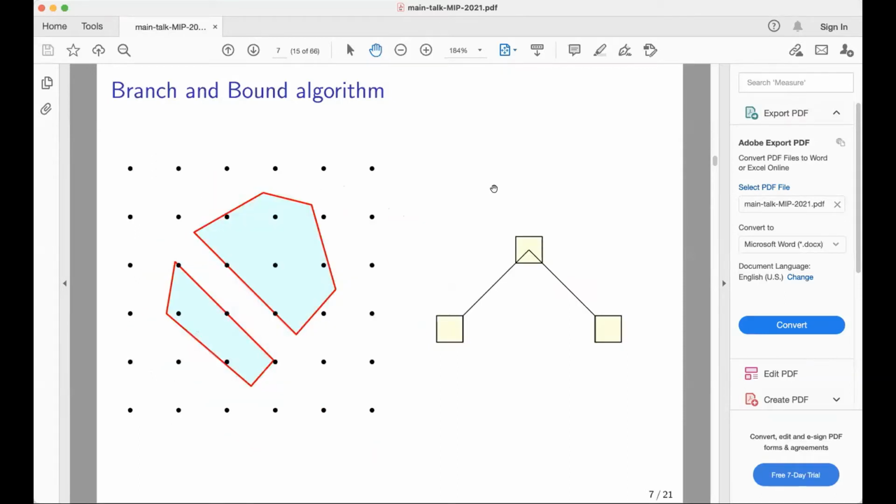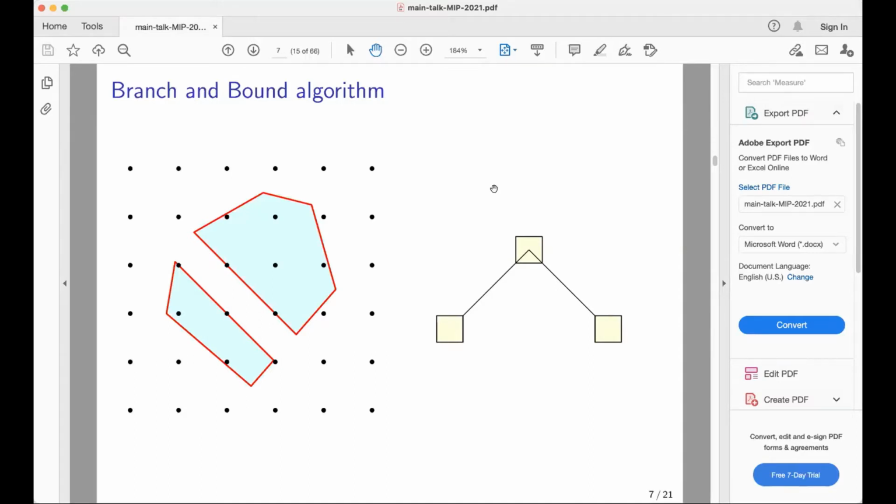Essentially, you keep track of these subproblems you're creating in the form of a tree. The root is your initial convex relaxation. Every time you apply a disjunction, you create children of your current node that you processed. And the idea is that when a certain node falls below a bound of your objective, then you forget about that node.